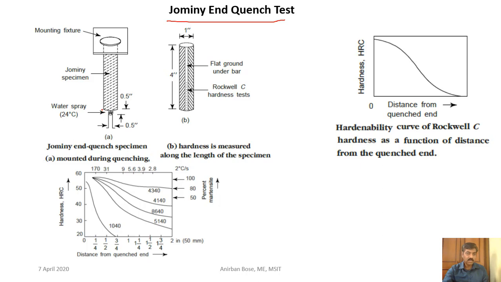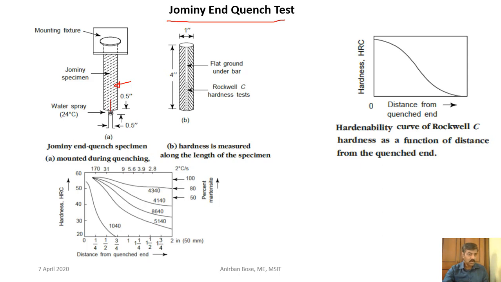Here you can see how the test is done. Initially, this is the sample, maybe made of a certain specimen, and then it is first heated to the austenitic region, and then at one end, basically water is sprayed. That means you are quenching.